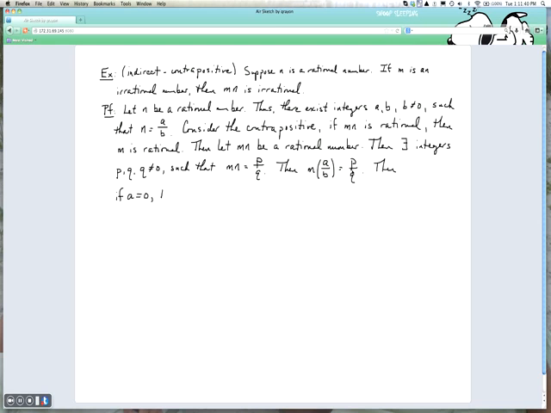If A is 0, then Mn is 0. Oh. Yeah, I guess I need to... I hadn't thought about this.